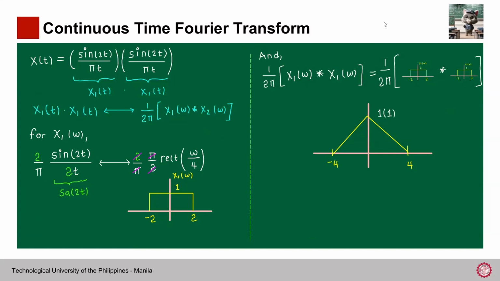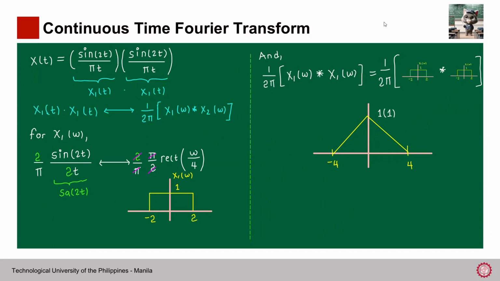1 times 1. Tapos, yung duration natin, ano ba yung duration natin? That is from -4 to +4. Kaya lang, over 2, kasi triangle yan.